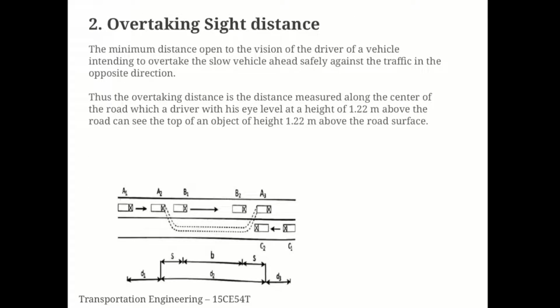Overtaking sight distance: the minimum distance open to the vision of the driver of a vehicle intending to overtake the slow vehicle ahead safely against the traffic coming in the opposite direction. Thus, the overtaking distance is the distance measured along the center of the road which a driver with his eye level at a height of 1.22 meter above the road can see the top of an object of height 1.22 meter above the road surface.